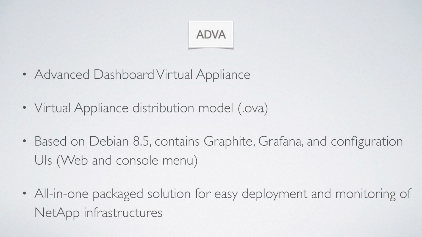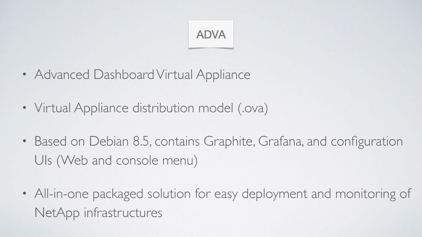So what we observed is that people were starting to use it. People were starting to install it. And when they saw the prerequisites to install NetApp Harvest, usually these are people that are not Unix admins. Some of you are, obviously, but not everyone.